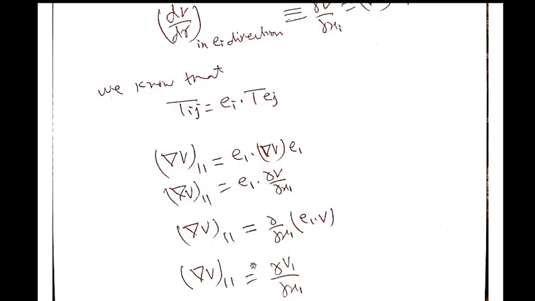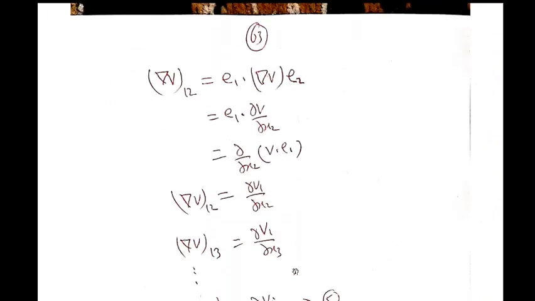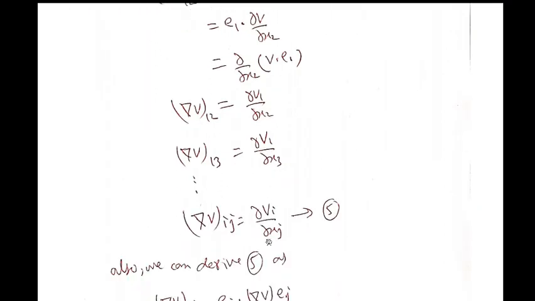So the first component of our tensor is partial v1 partial x1. Similarly, the second component, gradient of v e2, would be partial v partial x2, and we can write this as v1 again. Then the third component, and so in general we can write the ijth component.